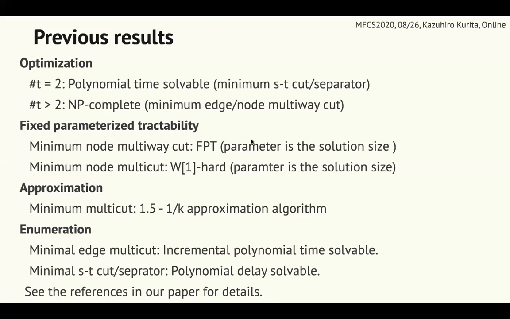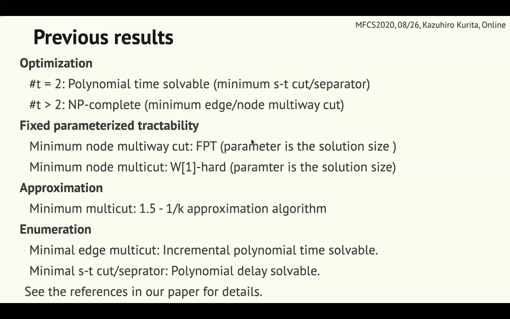Next, it is known that there are fixed-parameter tractability and approximation results. Minimum node multiway cut is FPT parameterized by the solution size. On the other hand, minimum node multicut is W[1]-hard parameterized by the solution size.